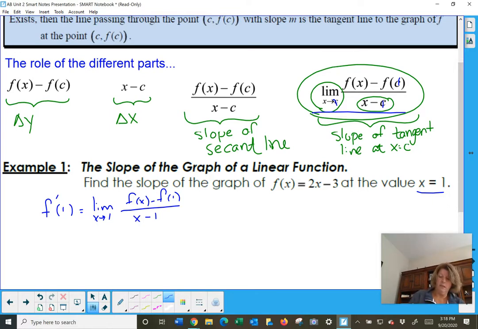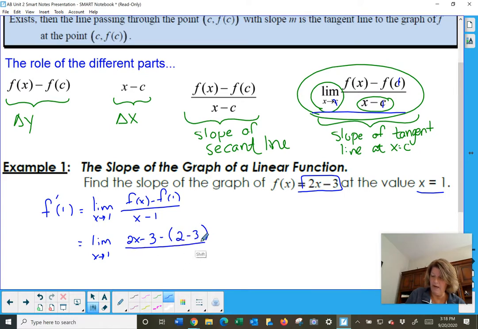And then let's bring our function into the mix: the limit as x goes to 1, well, f of x is 2x minus 3 minus f of 1. Putting 1 in, I'd have 2 minus 3 divided by x minus 1.